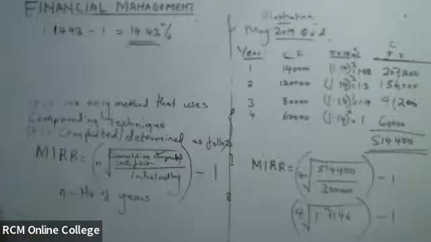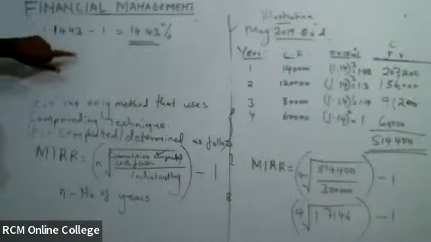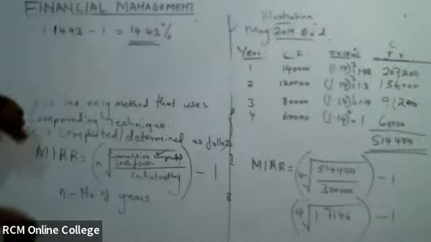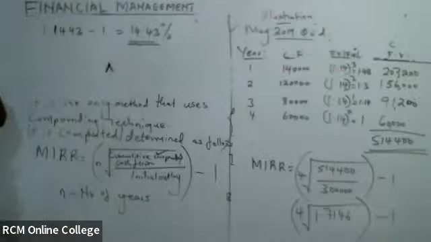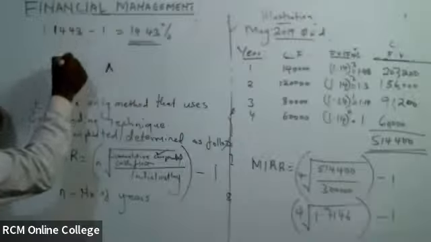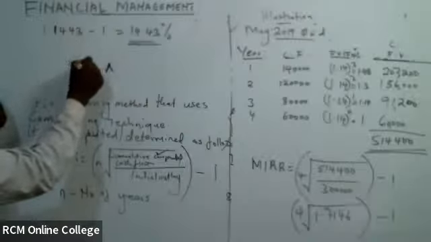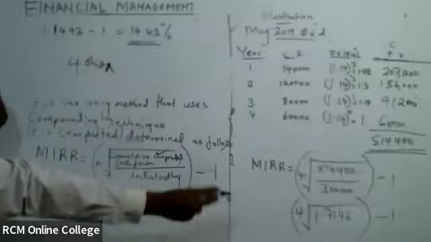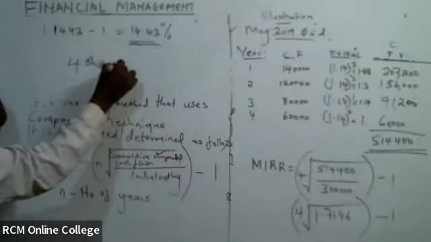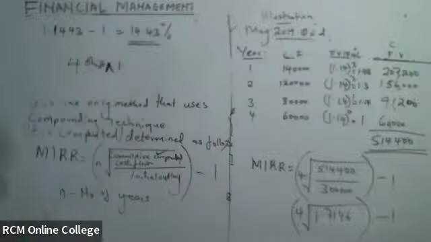Is there anybody who is not able to get the fourth root? You type 4, then shift, press here, and then you put the value inside.